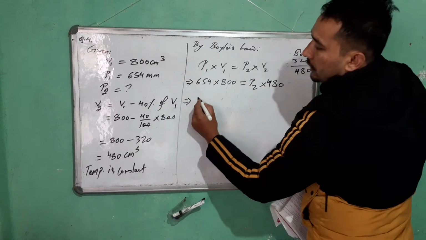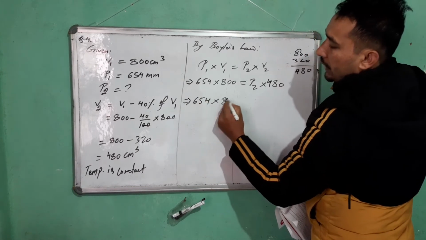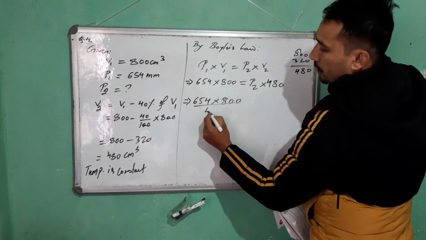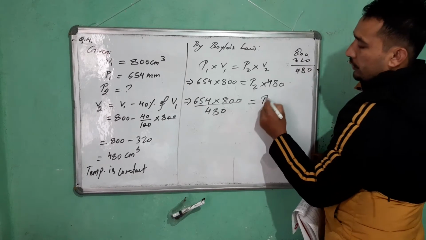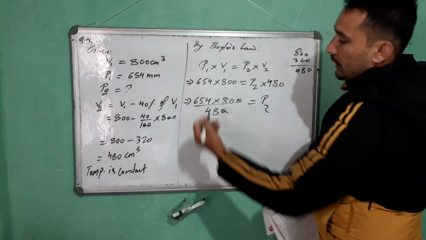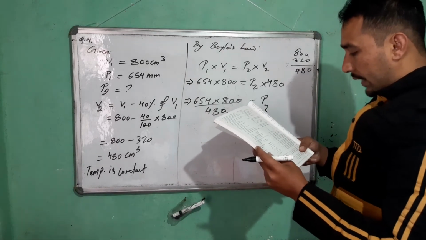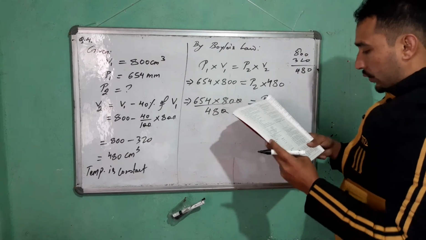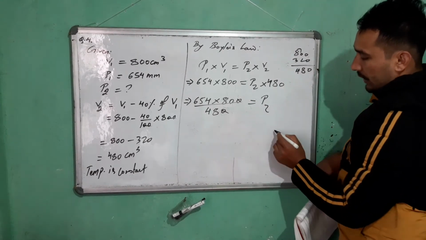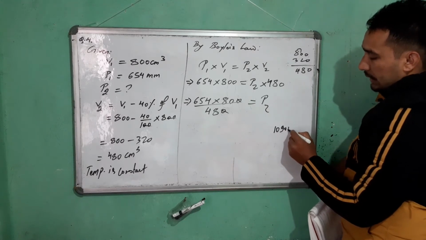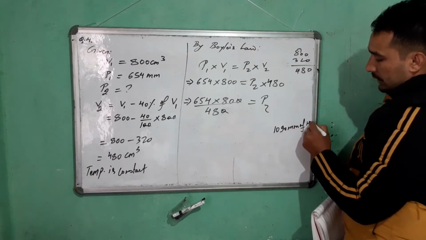So 654 into 800 divided by 480 is equal to P2. The zeros get cancelled. You cancel the remaining things, and you find the answer. Your answer will be 1090 mm of Hg.